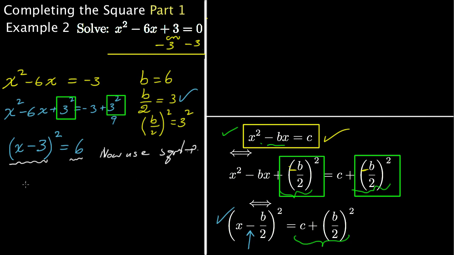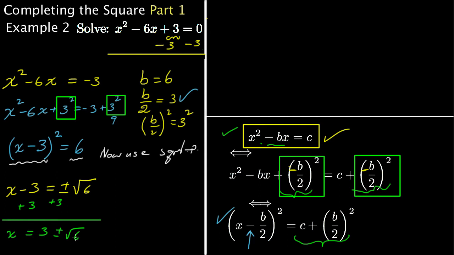Okay, so the square root principle says, okay, this is equivalent to x minus 3 equals plus or minus the square root of 6. Okay, and of course, isolate x by adding 3 to both sides, which gives x equals 3 plus or minus the square root of 6.